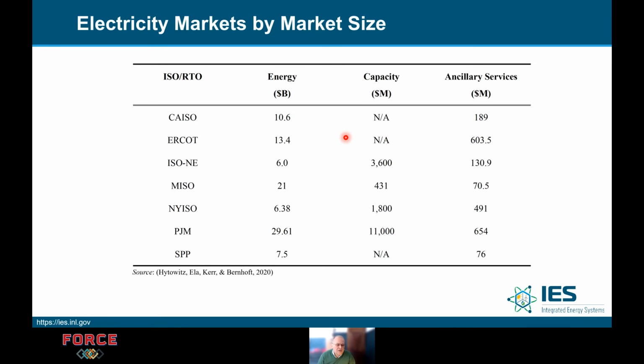That's compared to the capacity market, which has value that ranges from 3.6 billion up to 11 billion, et cetera, for the ancillary services market. So there's variation in value that's attainable in those different markets.